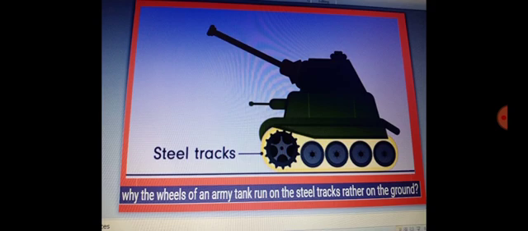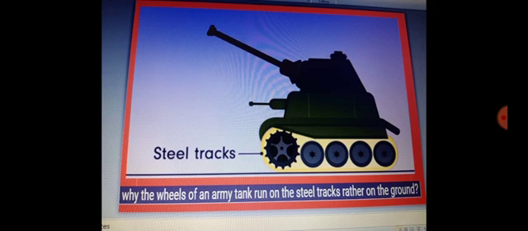You can see that ribbon-like patches, iron ribbon, on which the tire is rolling.